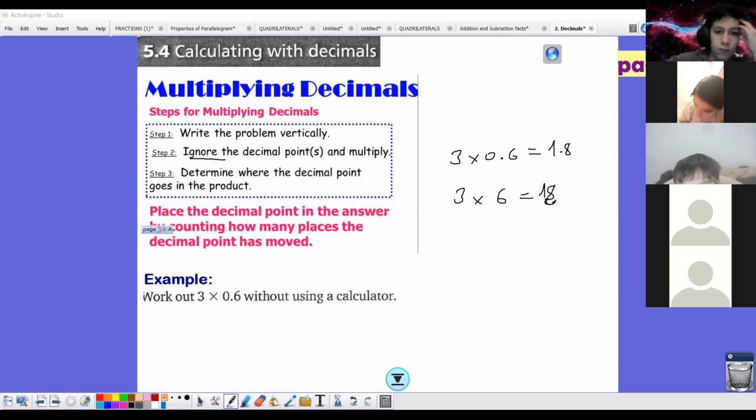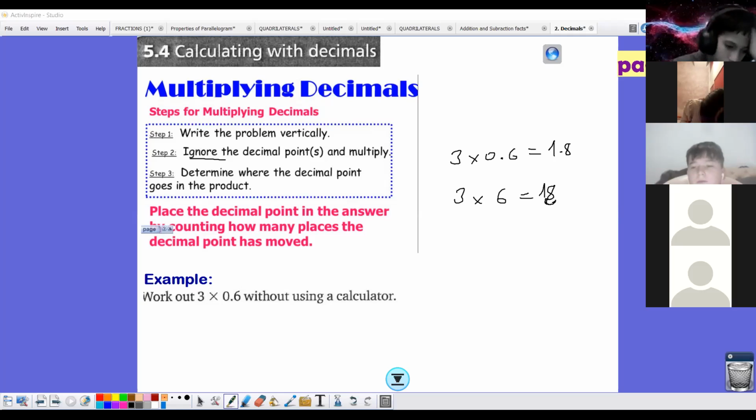Teacher, I'm on step 3. Shall we write the example that is given? Yes. Genti, are you writing?